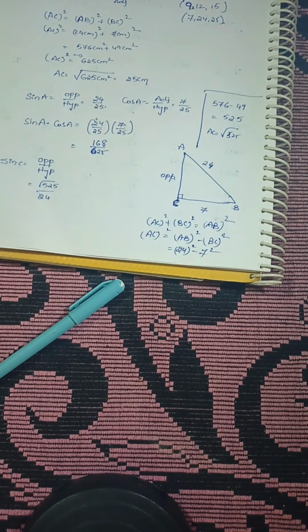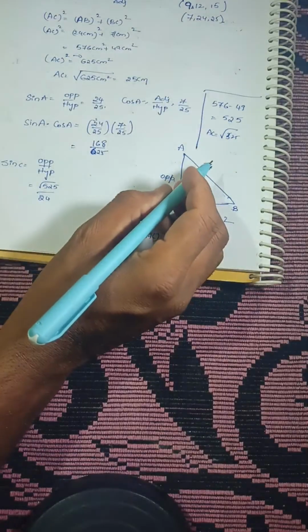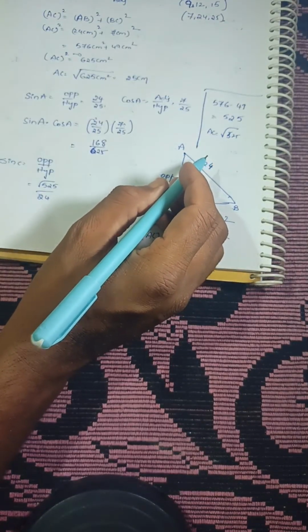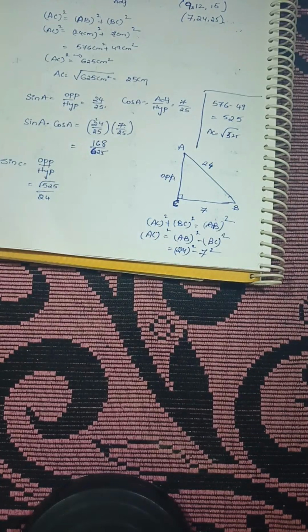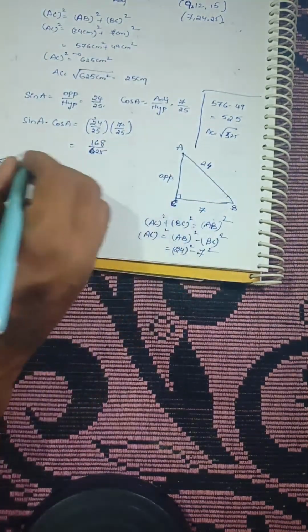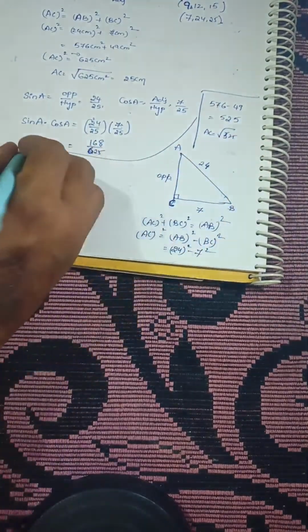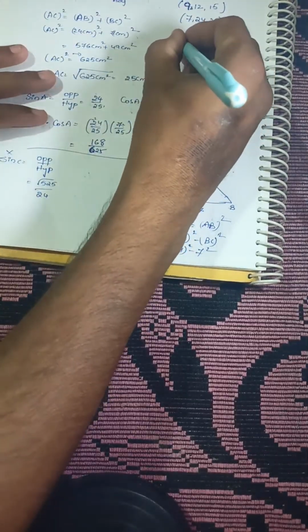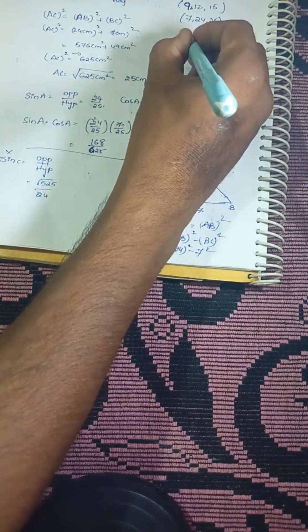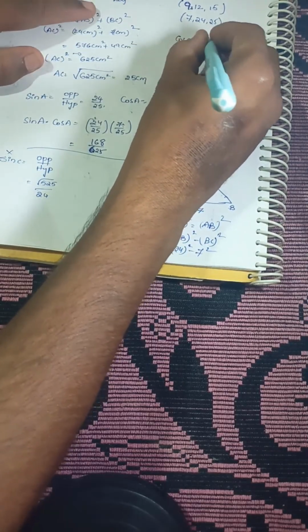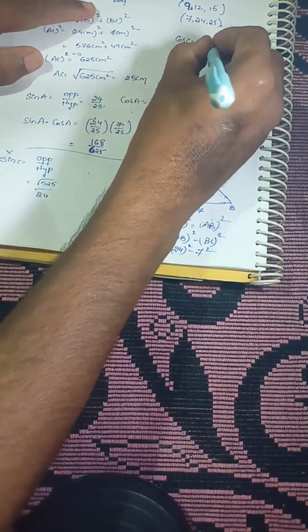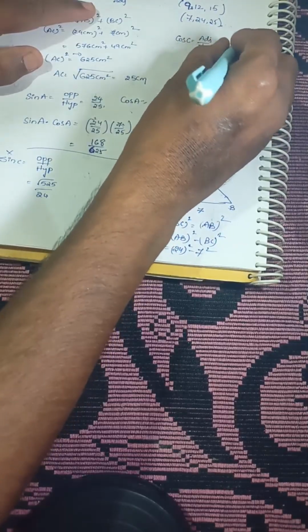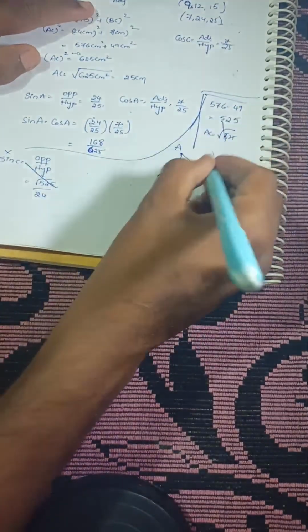Cos C, sorry, no need to do all these things. Cos C means hypotenuse will become AC. So they could ask directly cos C. Cos means adjacent by hypotenuse, 7 by 25.